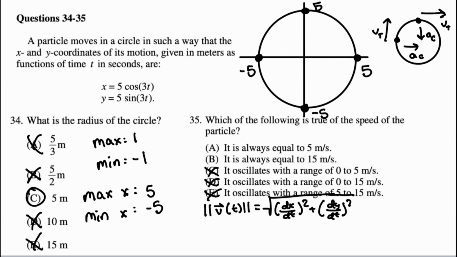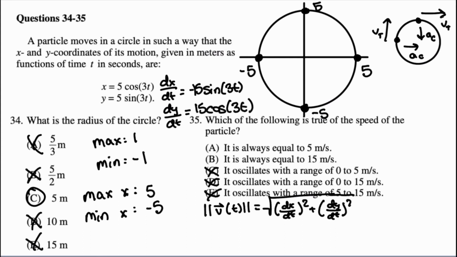So going back to this Calc BC method, where we know that the speed of the particle is given by this formula, we can say that dx/dt is equal to -15 sine of 3t, and dy/dt is equal to 15 cosine of 3t. We can actually let t equal anything because we know that no matter what the t value is, the speed will always be the same.